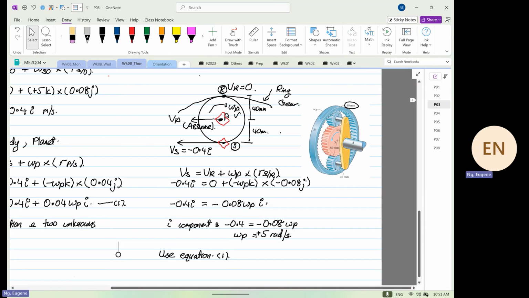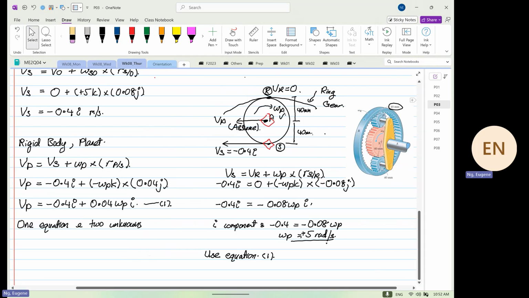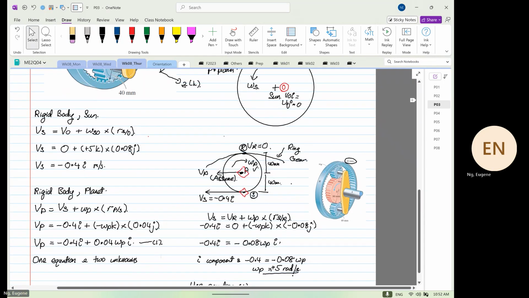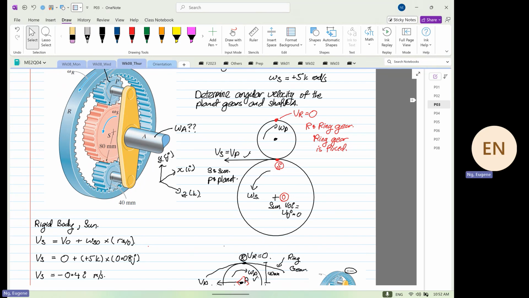When I get 5 radians per second, 0.4, that's 5 radians per second. 0.4 Vs is equal to 0.4 times 0.08. This is correct. These two are correct. Yes.